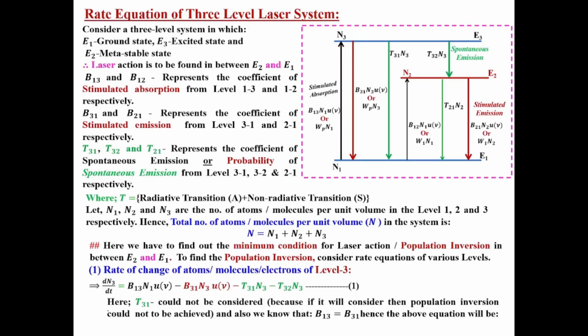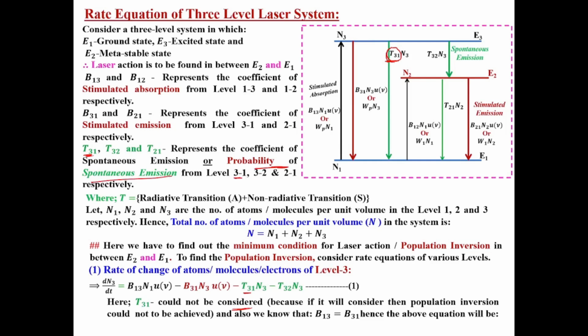Now here T31 could not be considered. T31 represents the probability of spontaneous emission from level 3 to 1.